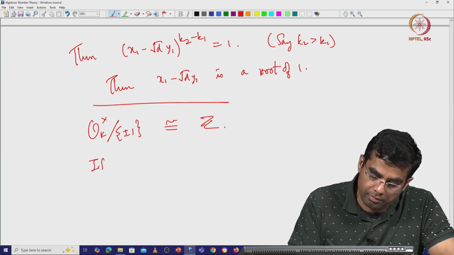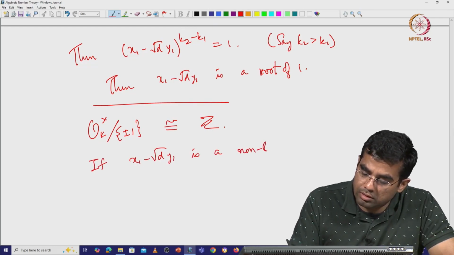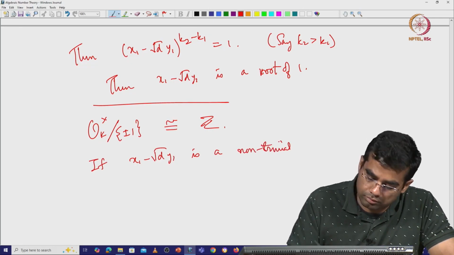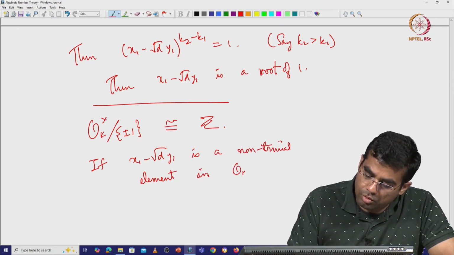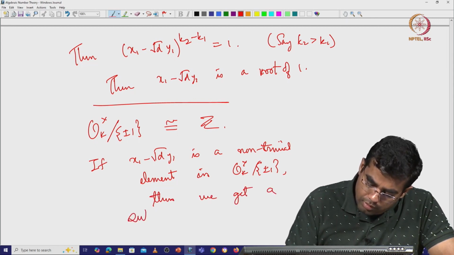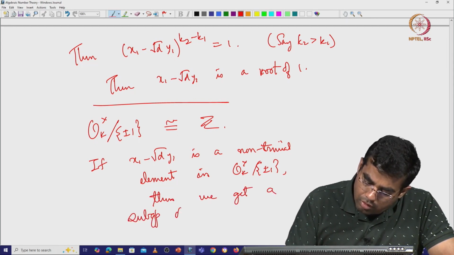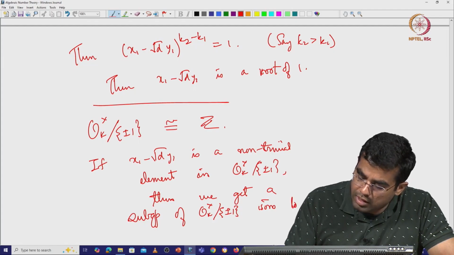So, if x1 minus square root of d y1 is a non-trivial element in O_K cross modulo plus minus 1, then we get a subgroup of O_K cross modulo plus minus 1 isomorphic to Z.